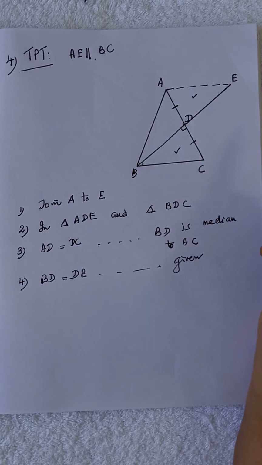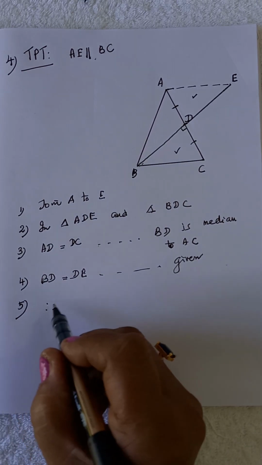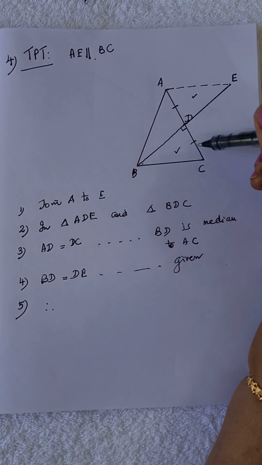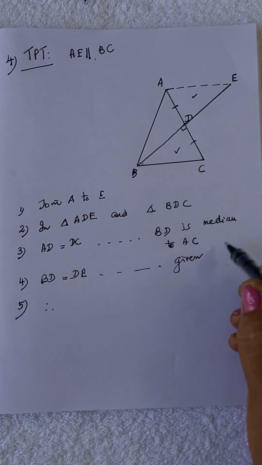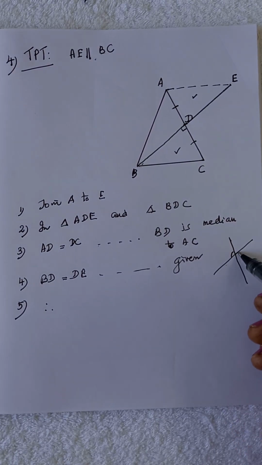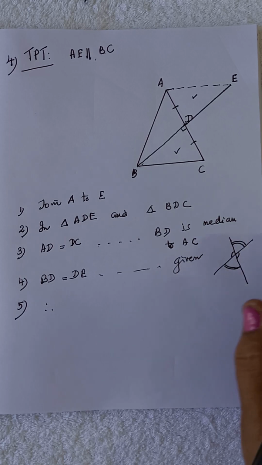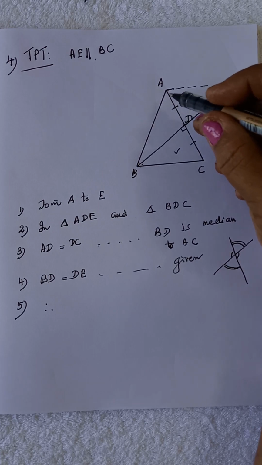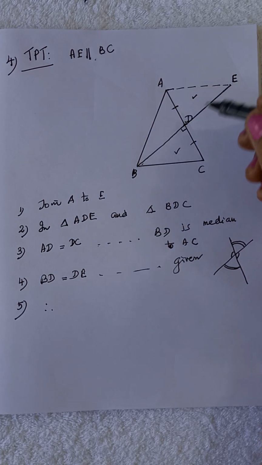Now as fifth point we can write, therefore angle ADE and BDC. What about these angles? If two straight lines intersect, the angles opposite are vertically opposite angles. These two are also vertically opposite angles. So in that case, vertically opposite angles will be equal. So here, what about this angle ADE and BDC?